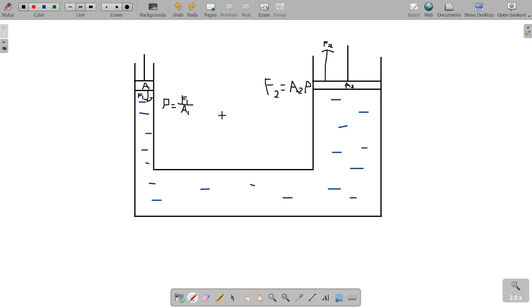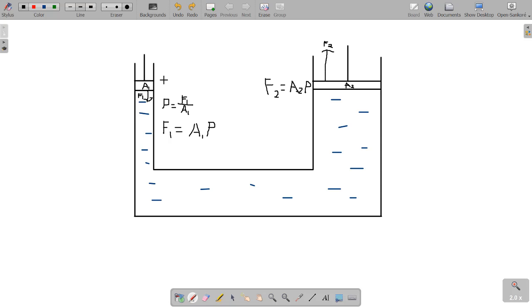The pressure is the same, and A2 is much larger than A1. What this means is that F2, the force exerted here, is much larger than F1, the force you exert. So this piston system is very effective at multiplying forces.